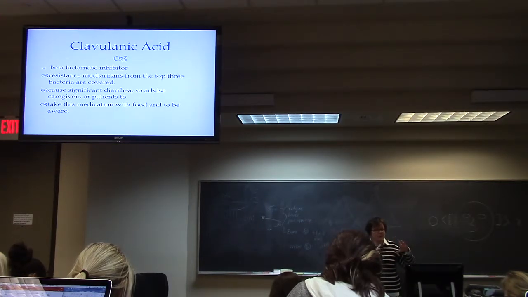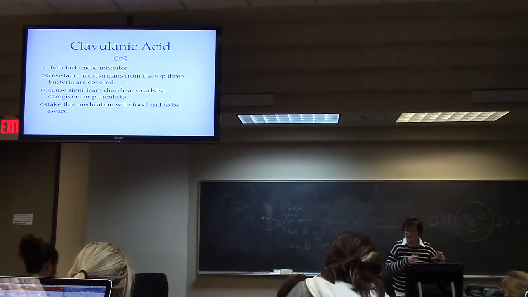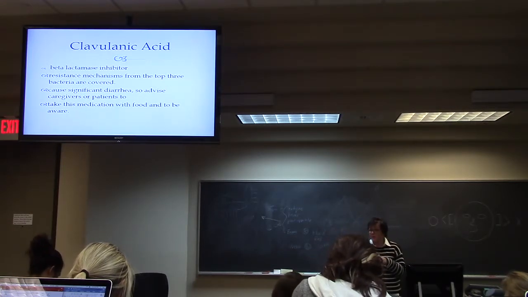So those penicillins are beta-lactams. That's where that term comes from. And the organisms have developed a mechanism to destroy them. So now if we put clavulanic acid with amoxicillin, which is a beta-lactam, we can resist the efforts of those bacteria to destroy it. Okay.